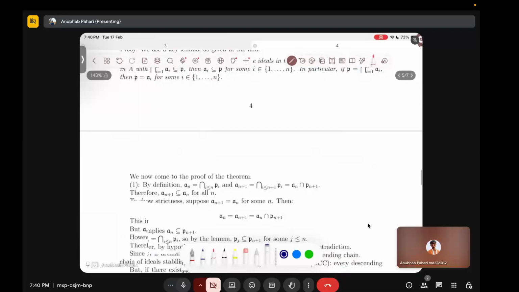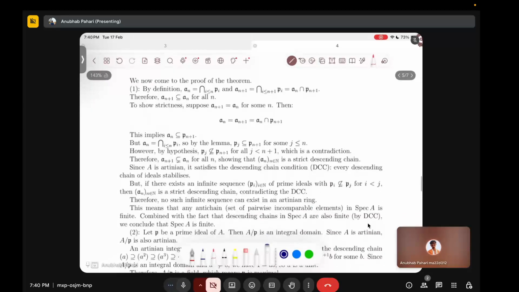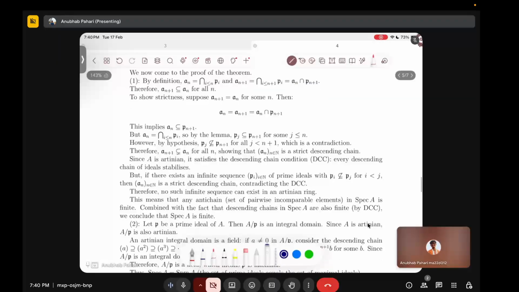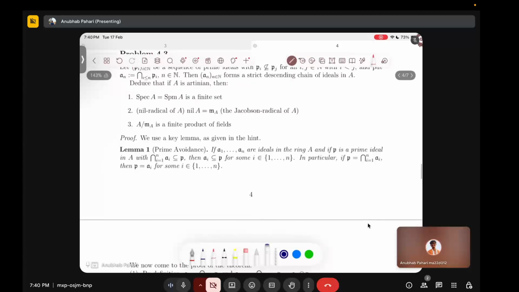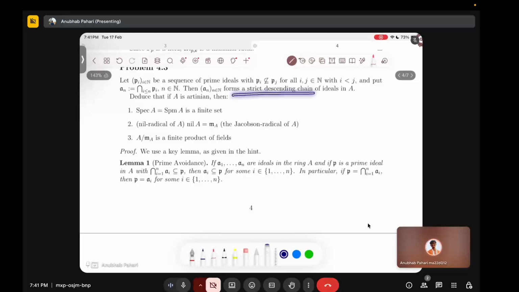By definition An is the intersection of prime ideals such that i is less than or equal to n, and An+1 is again the intersection of all Pi such that i is less than or equal to n+1. This implies it is An intersection Pn+1, right? And therefore An+1 is contained in An for all n. Thus this says that it is a descending chain.